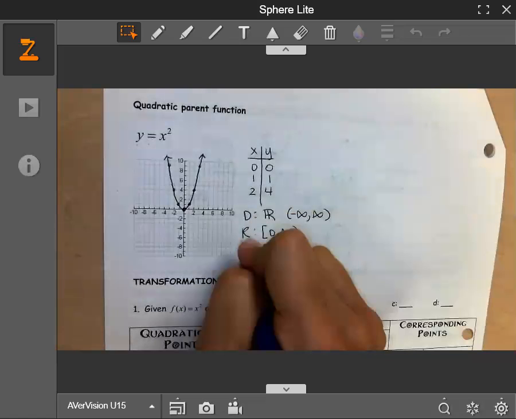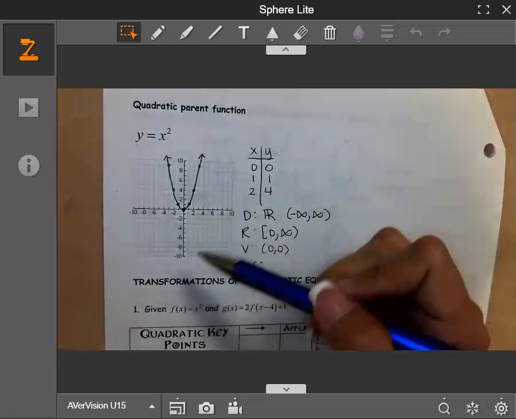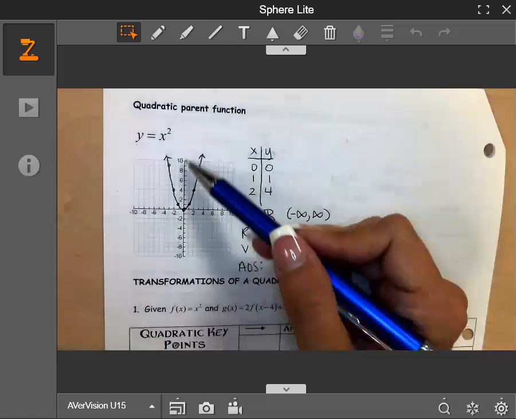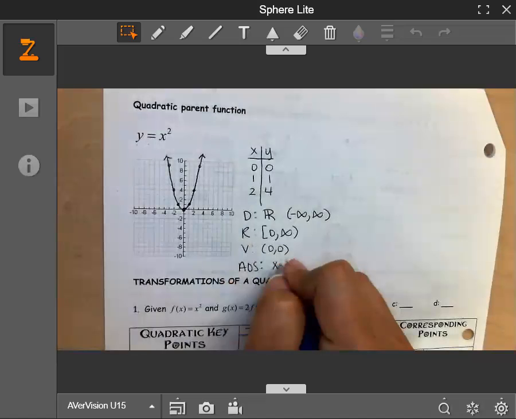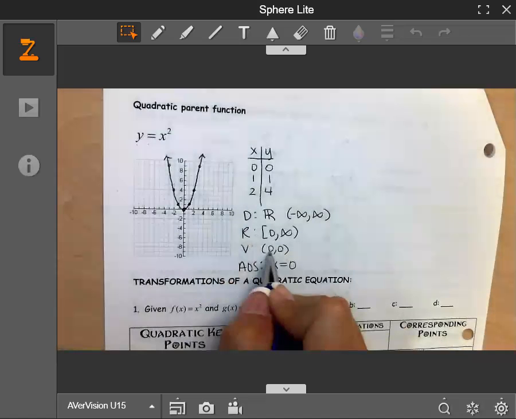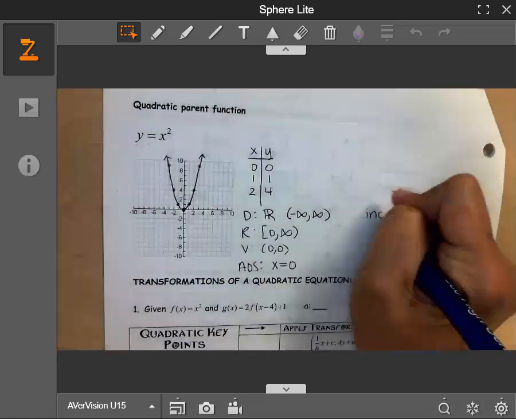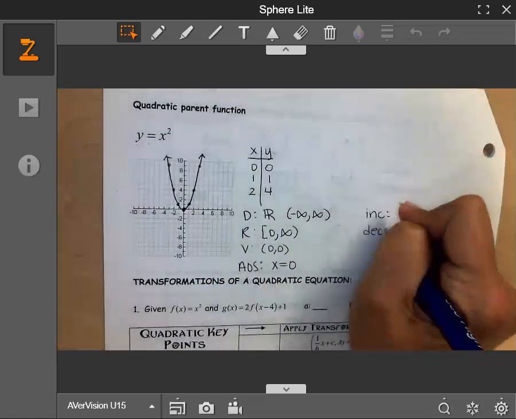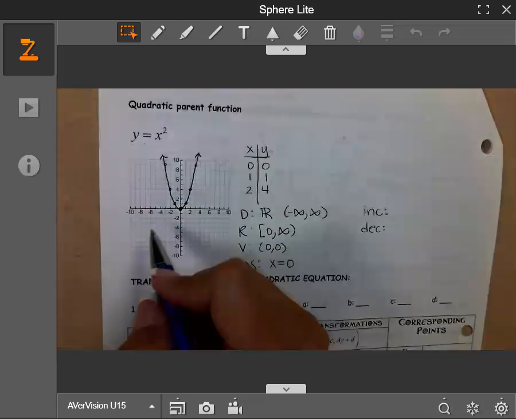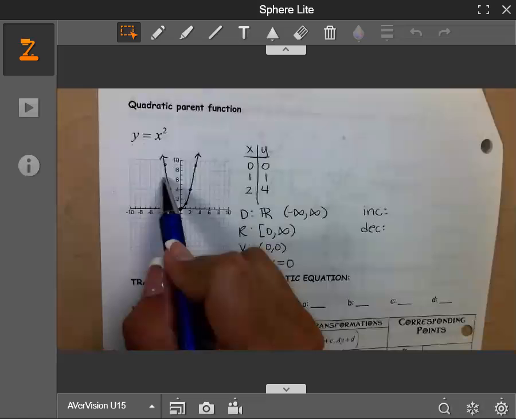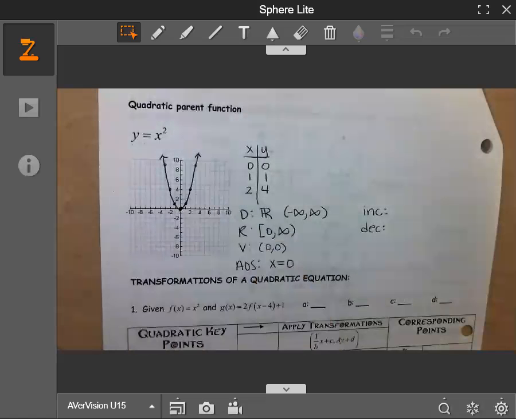The axis of symmetry always cuts right through the vertex. Our axis of symmetry here happens to be the y-axis. It is cutting through this point right here, so it is x equals 0, which is the x value of the vertex. This graph is both increasing and decreasing at different parts. When we talked about increasing and decreasing earlier, it is decreasing right here until it hits this point, then starts to increase as it goes to the right.